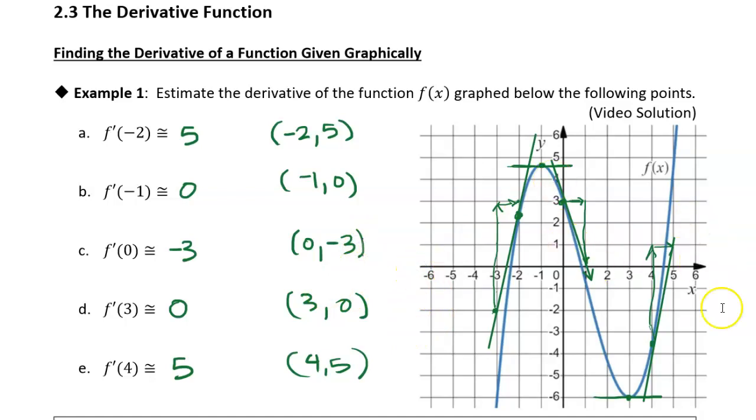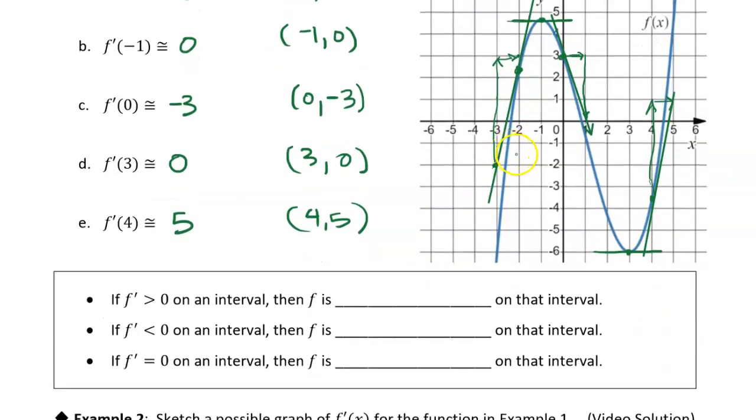Now before I do that, I think there's something here in the middle which I have to cover, which is if the derivative of a function is greater than 0, that means the slope of the tangent line is positive, so it's going uphill. Then f is increasing.